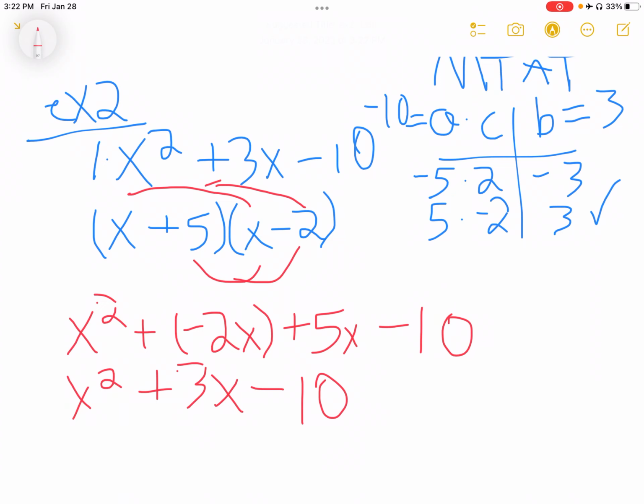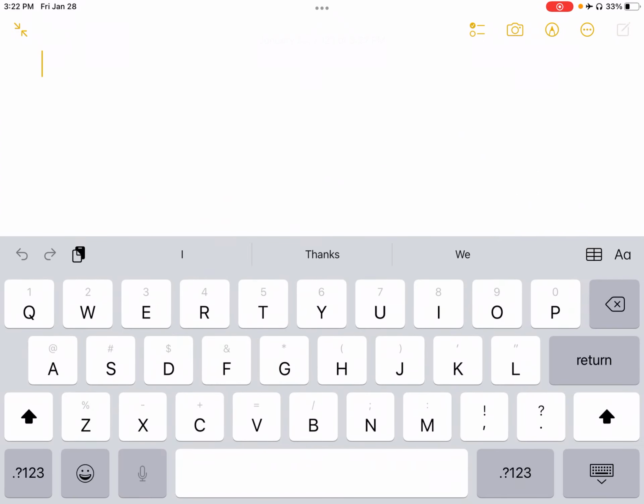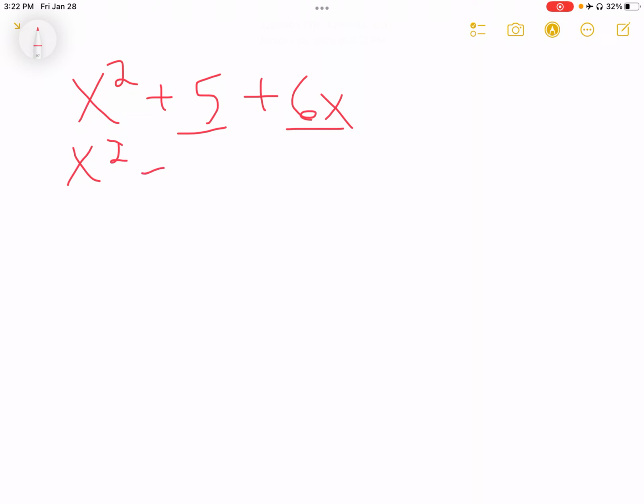Okay, so now let's look at our last example here. If we had something that was written like this, x squared plus 5 plus 6x, we have to first set it up correctly, right? So we can see that the order of these things is swapped. So in order to make sure we can think about it properly, you might copy it to your page like this.